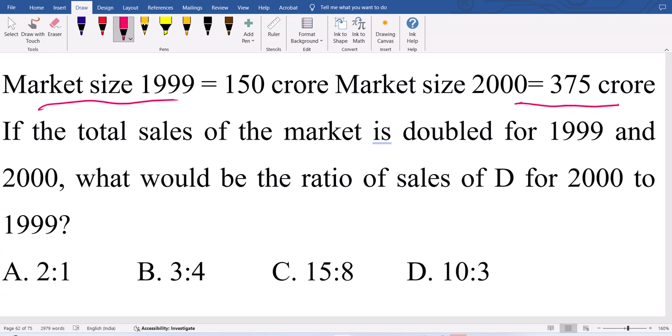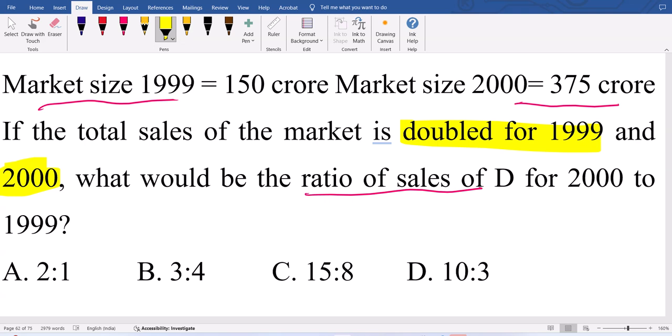When you are calculating a ratio, both double means no effect. Are they asking for a ratio or a particular value? Ratio. Ratio means when both are doubled, it won't affect the ratio.